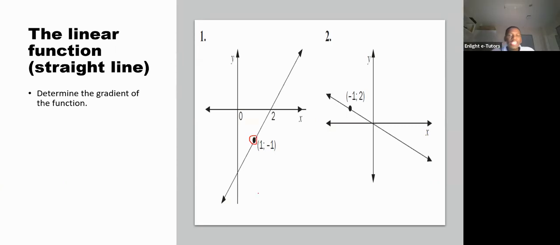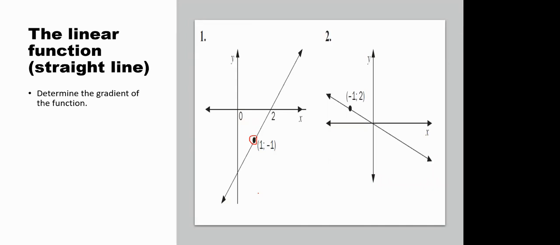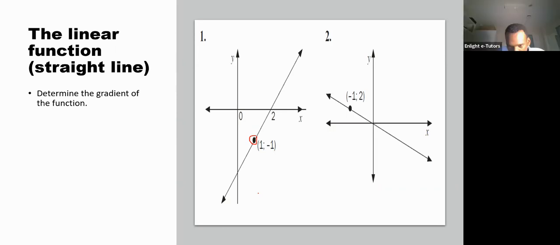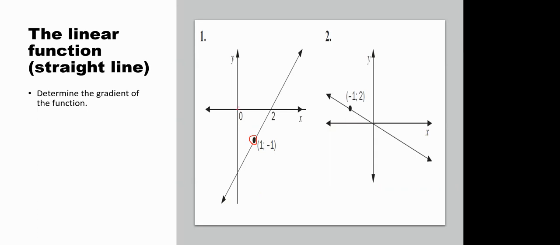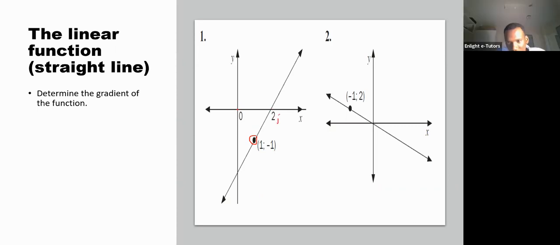But they didn't give you 1 point, they gave you 2 points. Can you see that? Yes. The other one is 0 and 2. No, this one is the origin. This one is 2 and 0. Sorry, yes, this one is 2 and 0.